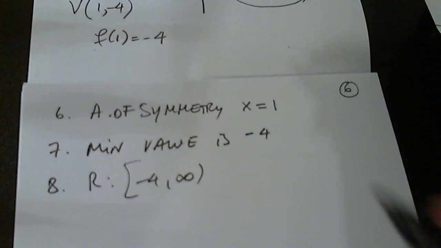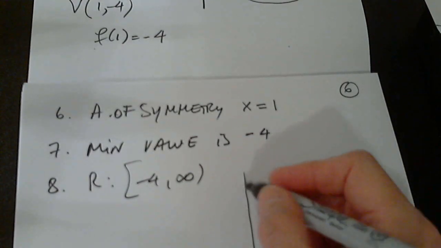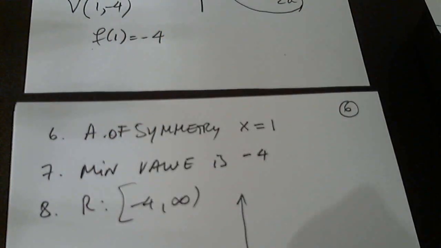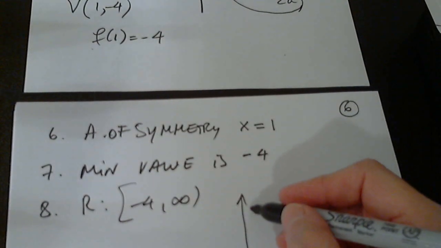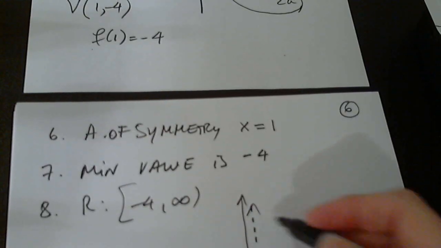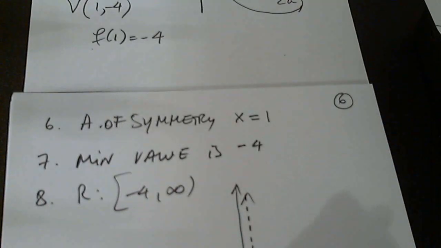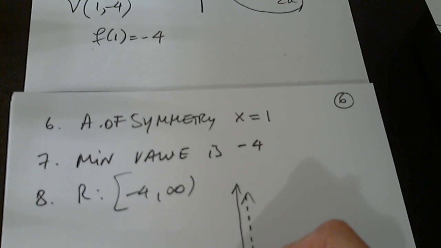So then, I always start with the vertex, 1, negative 4. I continue with the axis of symmetry, which is x equals 1. I continue with the y-intercept. I continue with the x-intercepts.